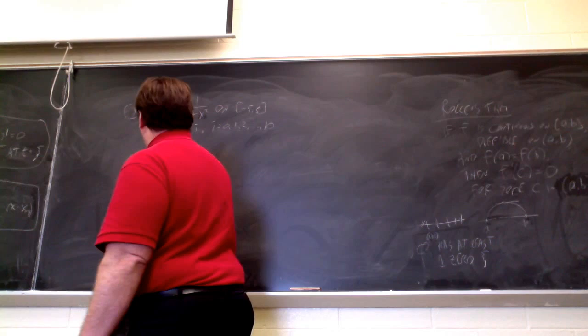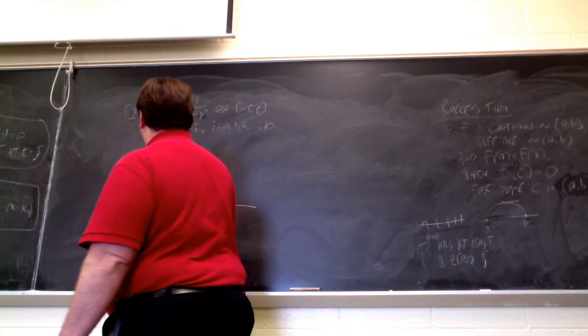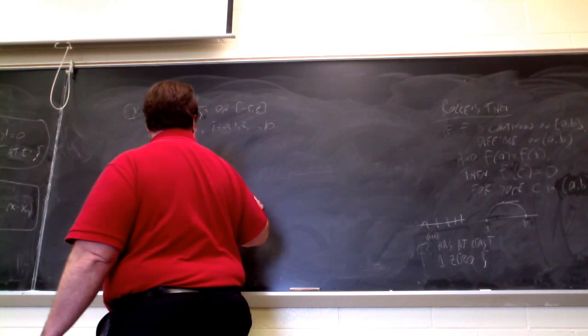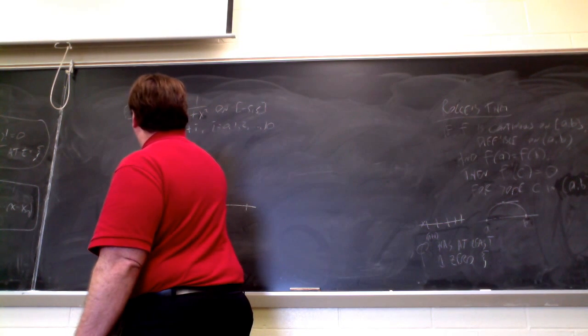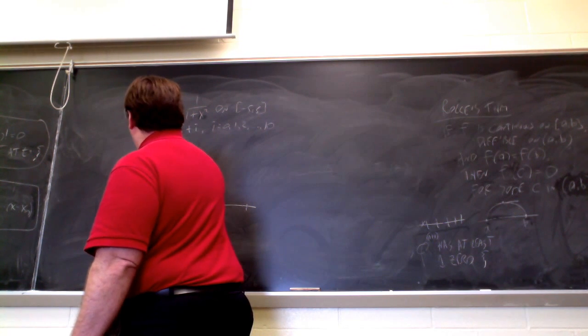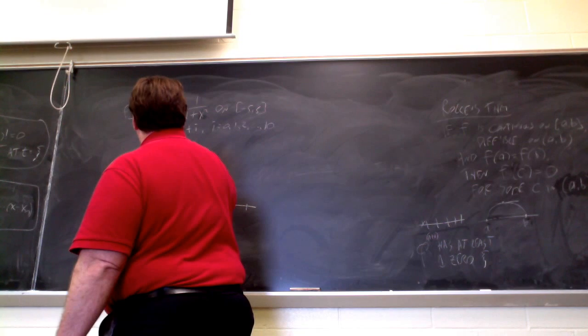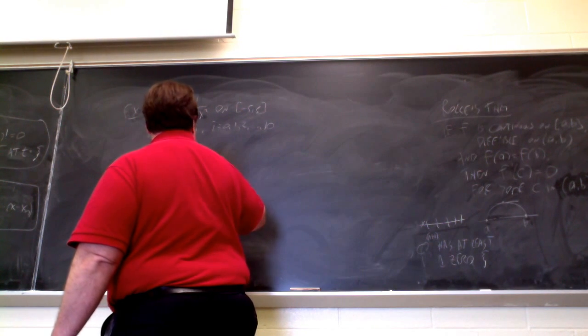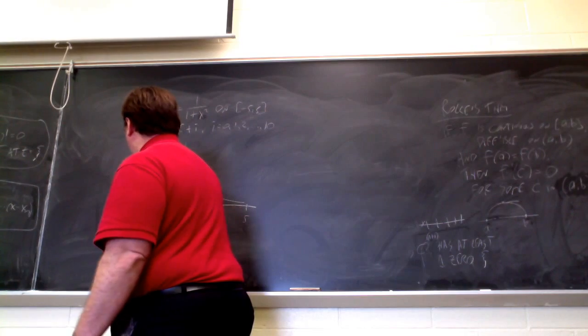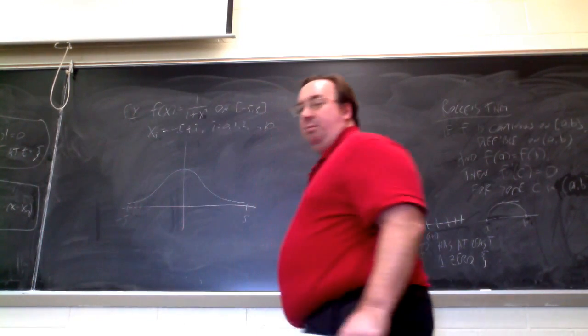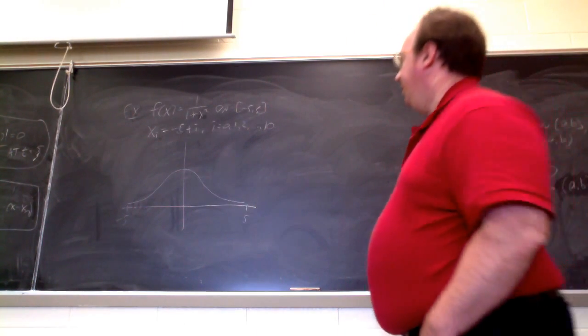So if I were to graph f of x, at 0 it's equal to 1, and then it decays as we move away from the origin. So it's kind of a bell-shaped graph. It's nice and smooth.